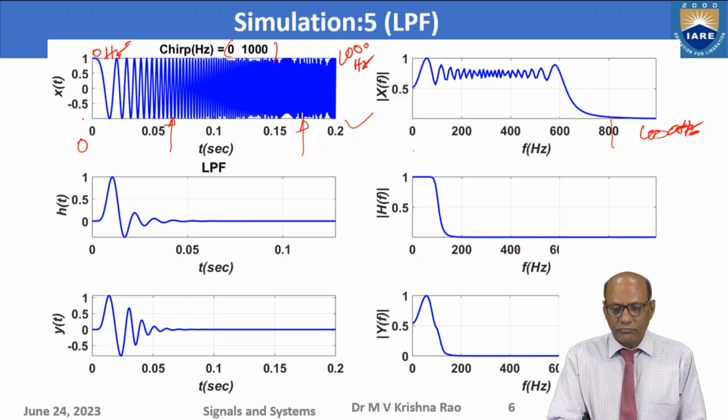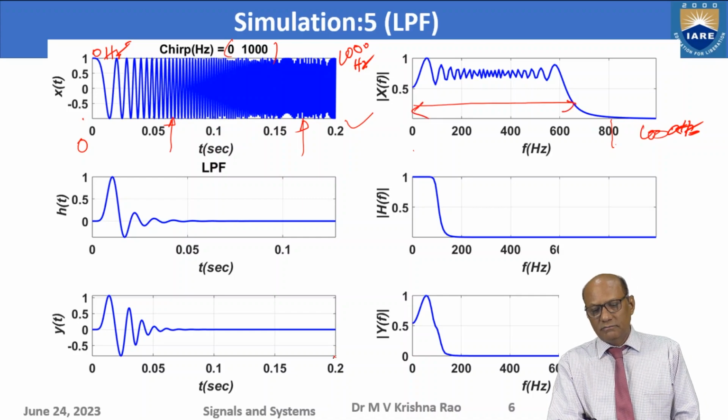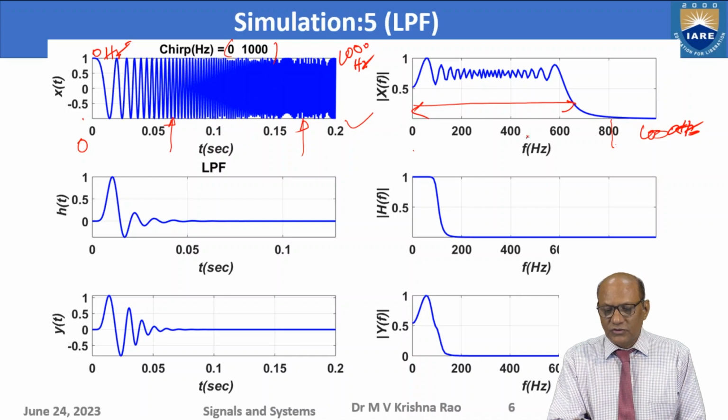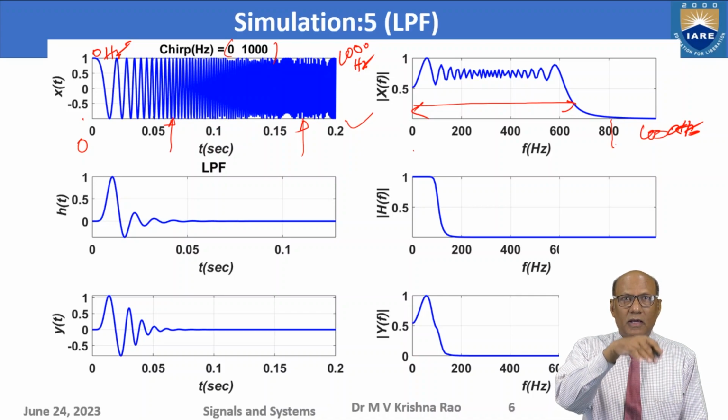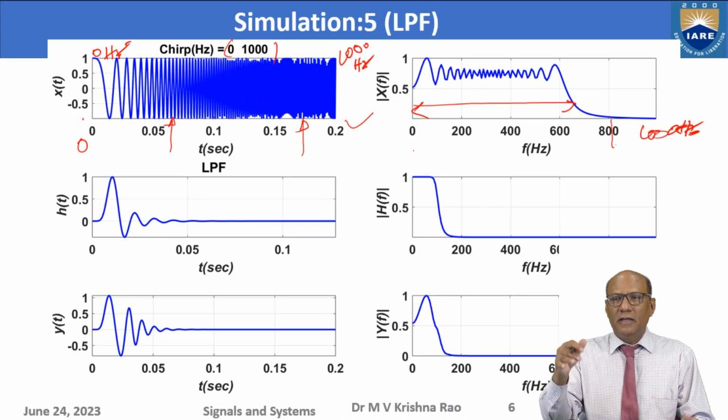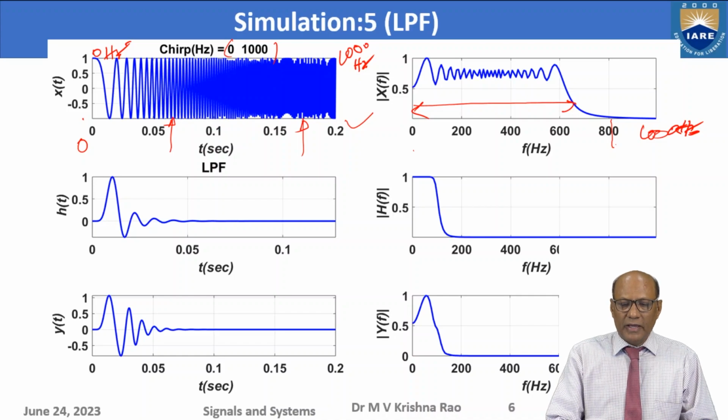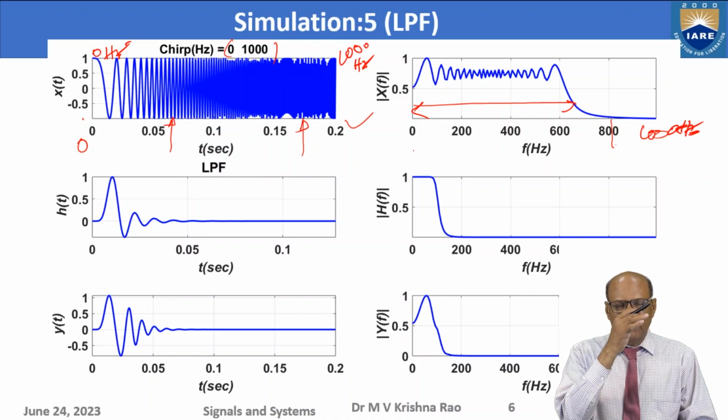So here if you see very clearly the bandwidth of this one. See here the significant power is there between 0 to 600 or 700. Then slowly it is decaying. So compared to the previous spectra, there were lobes. If you take a pulse, you remember I have the main lobe and sinc function basically, the magnitude, absolute of sinc function.